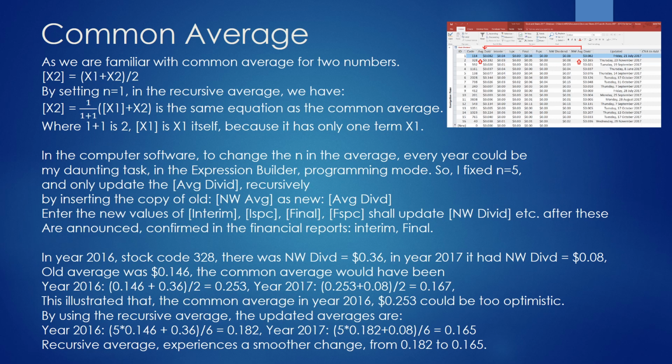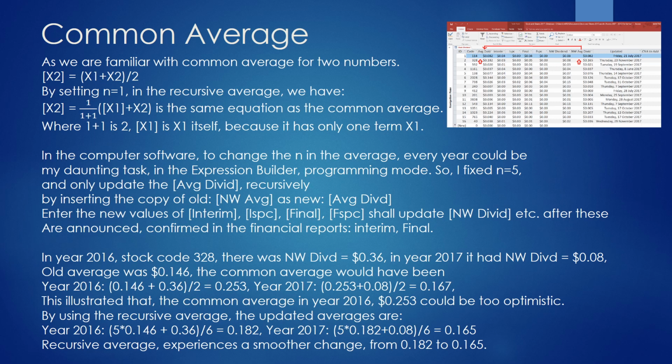By setting the recursive average, the updated averages are: year 2016, 5 times 0.146 plus 0.36 divided by 6 equal to 0.182.